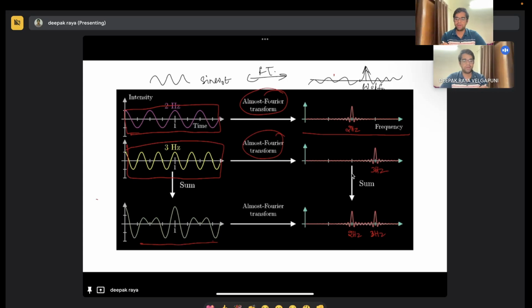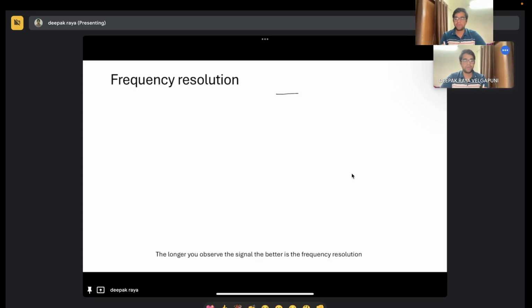For example, you have a Dirac delta at omega naught. This is nothing but delta of omega minus omega naught. Now if you convolve this with some signal x of t, sorry, let's not confuse between time and frequency.